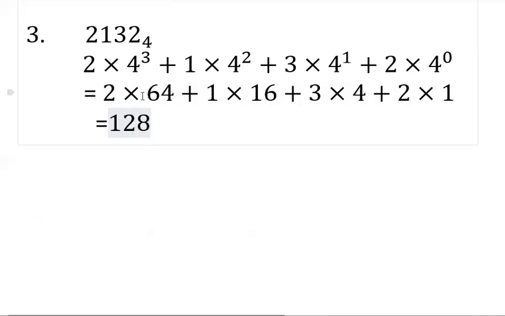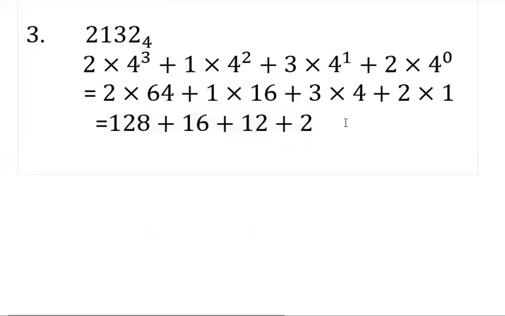Very good. 2 times 64 give us 128 plus 1 times 16 give us 16 plus 3 times 4 will give us what? 12 plus 2 times 1 will give us what? 2. Awesome.